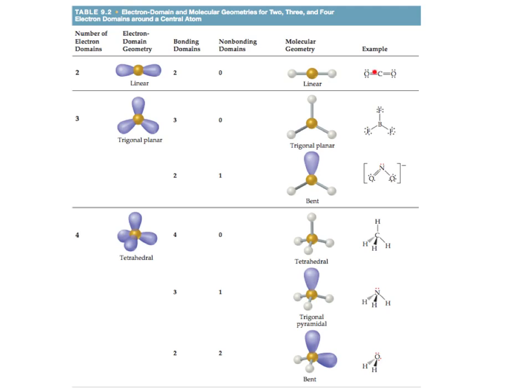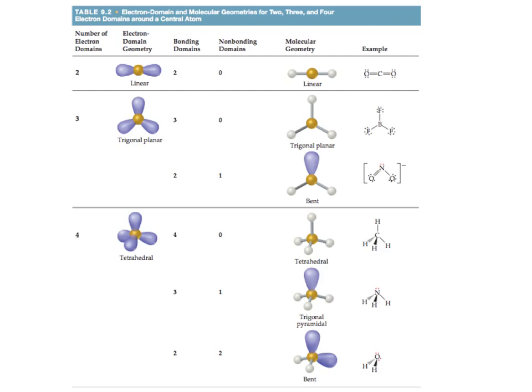When I look at carbon dioxide, it has 2 atoms attached to it. Both of them are attached by double bonds, and there are no lone pairs around this atom. So what we would say is that we have a total of 2 electron domains around carbon. Those domains are both bonding domains.